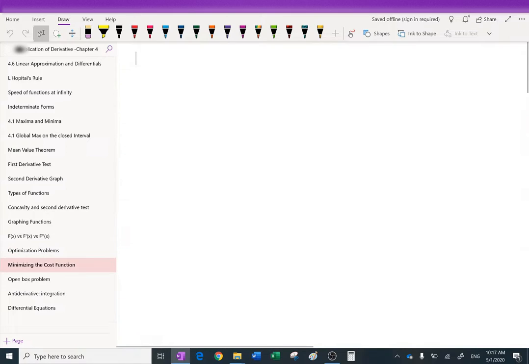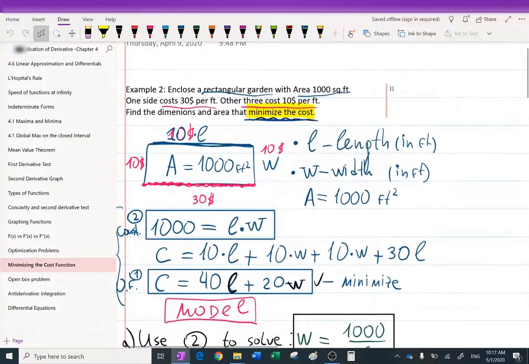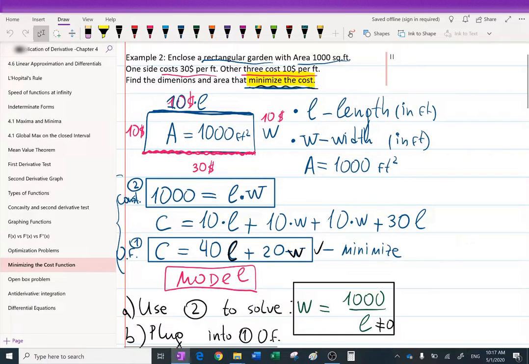We also did problems on minimizing the cost function, building a fence with the minimum cost. There are a lot of applications to this. In business classes, we teach how to minimize the cost of a business problem if you want to sell some items on an online website and so on.